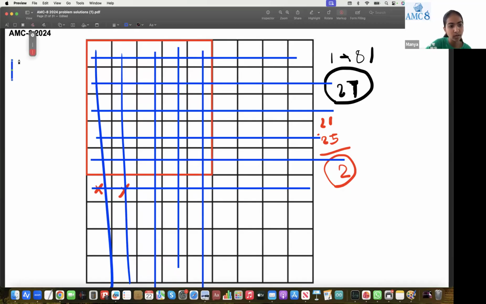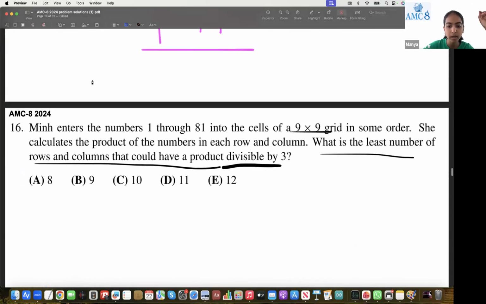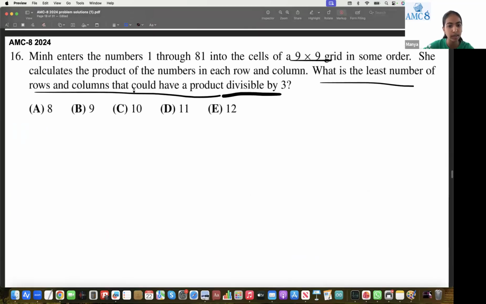So it will be 5 plus 6, which is equal to 11. So we have 5 columns and 6 rows, and if we add them up, we get 11 in total. And so if we compact them all together, then we should be getting 11. So that is the minimum rows and columns that can have a product divisible by 3.